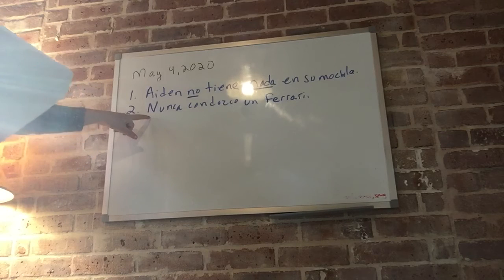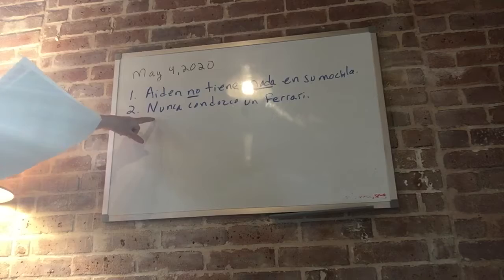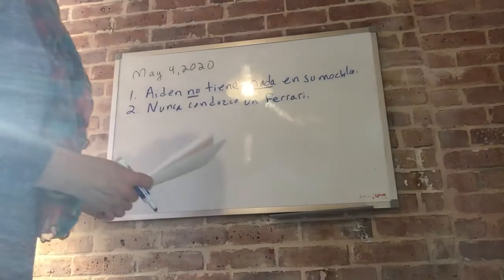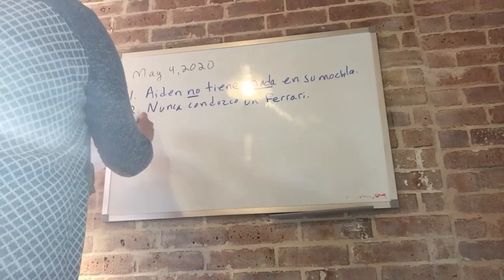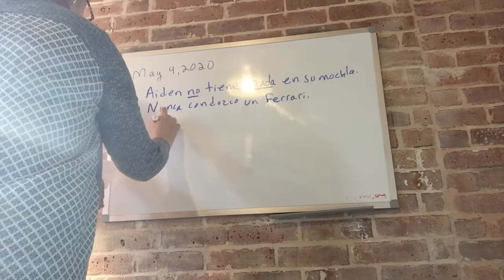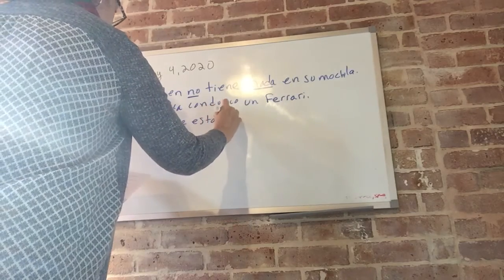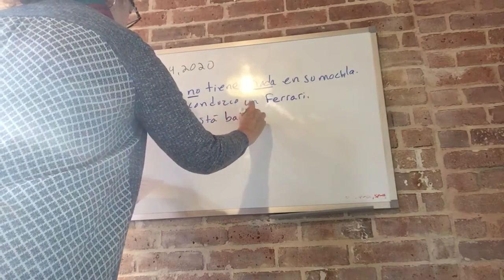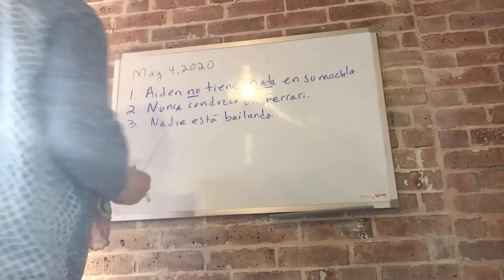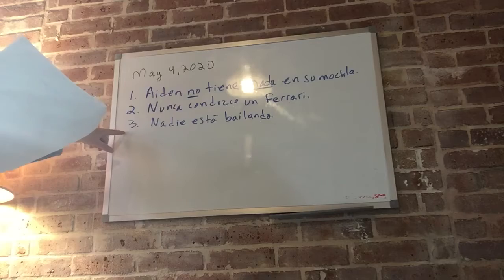Nunca conduzco un Ferrari. I never drive a Ferrari. So nunca comes at the beginning of the sentence. Okay, número 3. Nobody is dancing. So, right, nadie está bailando. Nadie está bailando.